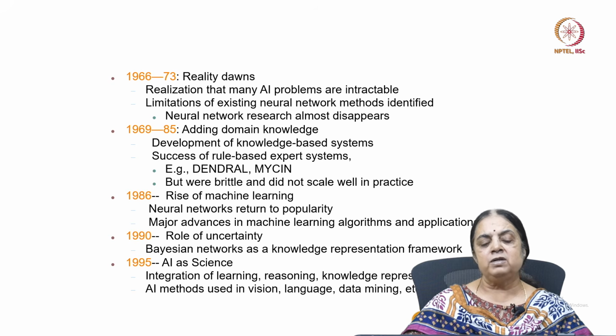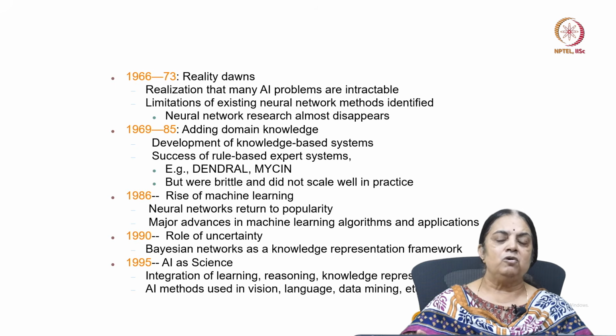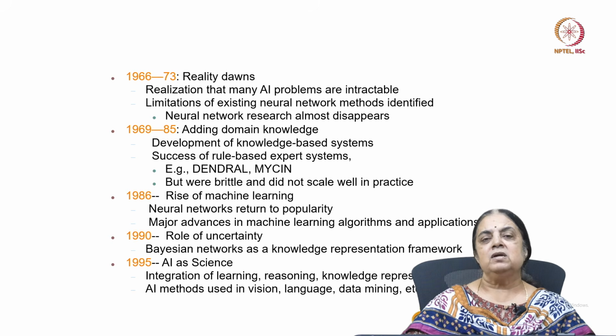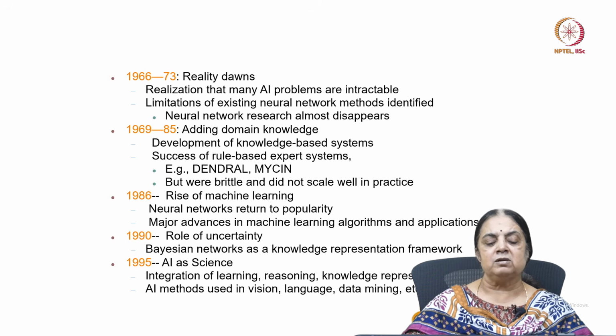So then they went into things like knowledge representation. Okay, so you find a system in which you represent a whole lot of knowledge in it and use that knowledge to get out whatever you want. So this is where the expert system started.